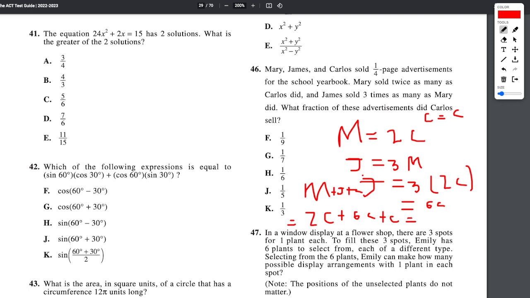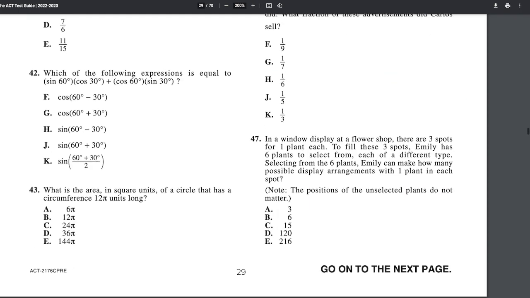Or is it? No, 6, 7, 8, 9. Right? 2 plus 6 plus 1. Yeah, that's 9. 9C. So that's the 1/9. F is 46. Okay, 47.